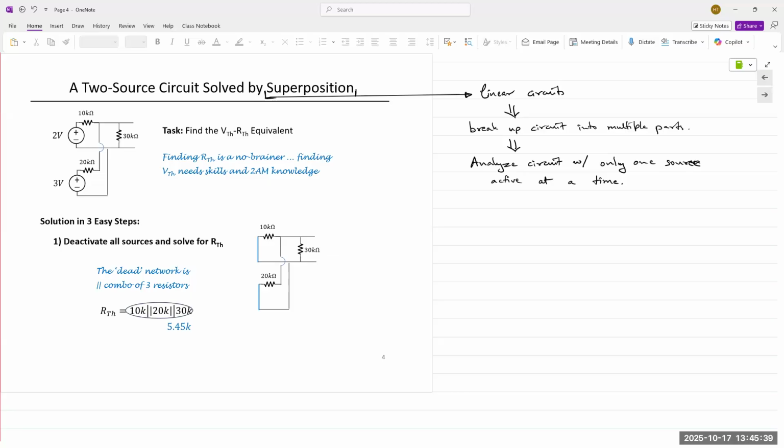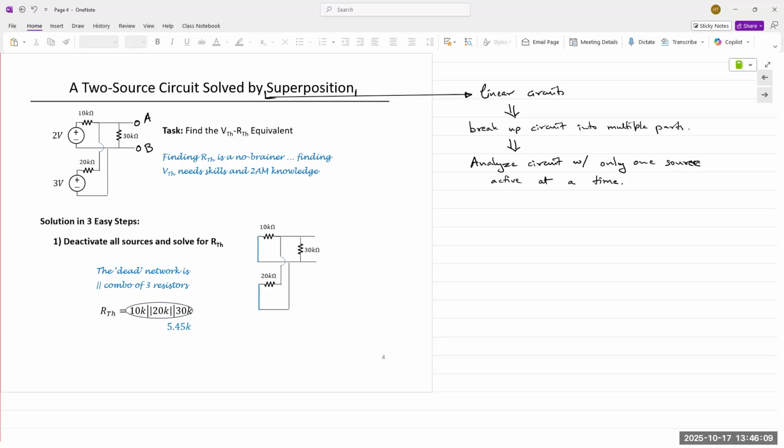So in this example, we have two voltage sources, two resistors in series, and one 30 kilo ohm resistor in parallel. If you want to find the Thevenin equivalent circuit for this circuit diagram, we have our output terminals right here. Let's call them A and B. What do we see between A and B?